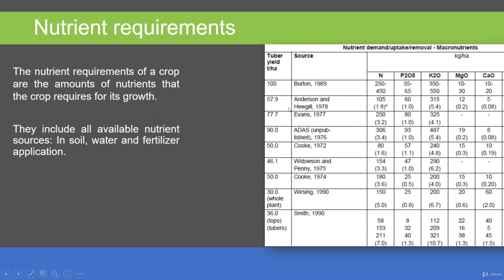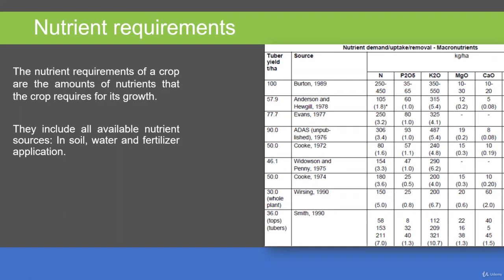Let's compare it to other authors. Evans found in 1977 that for a yield of 77 tons per hectare, the potato crop requires 250 kilograms per hectare of nitrogen, 80 kilograms per hectare of phosphorus as P2O5, and 325 kilograms per hectare of potassium as K2O.